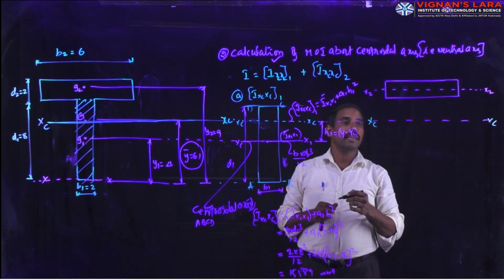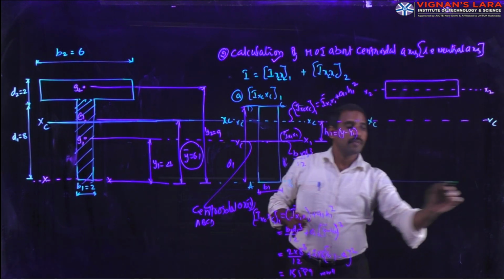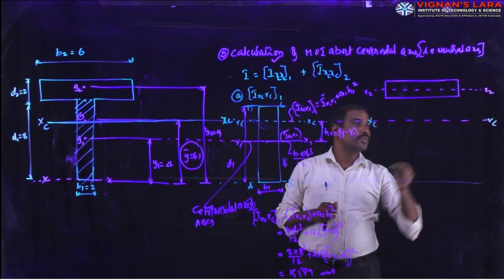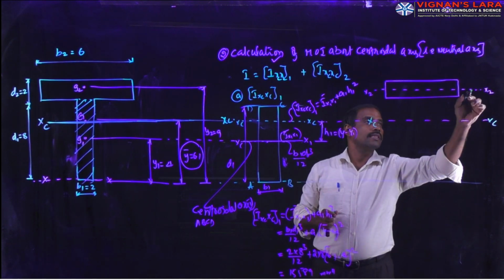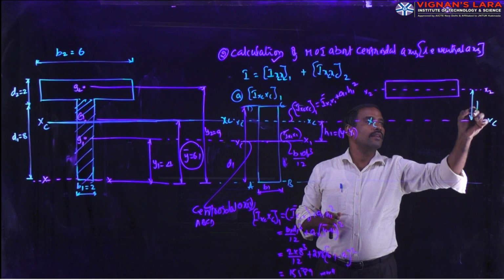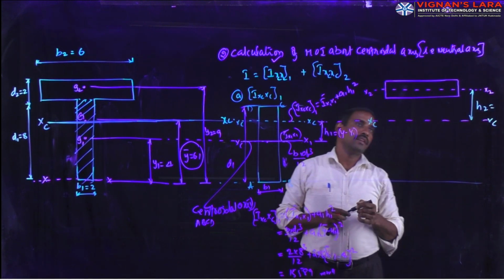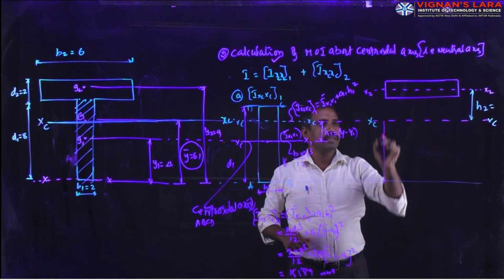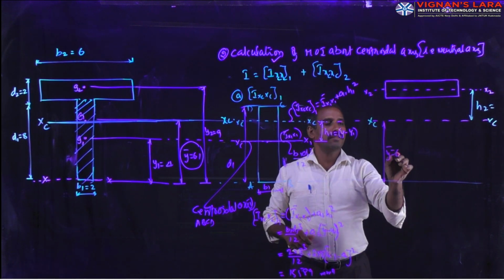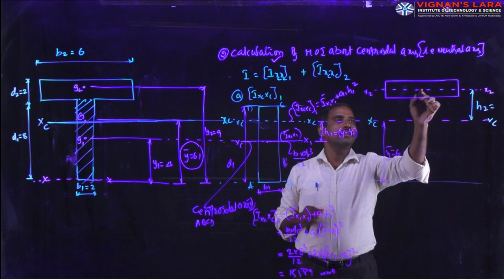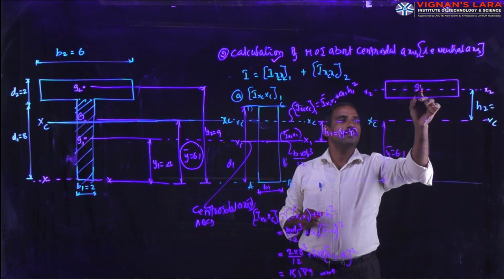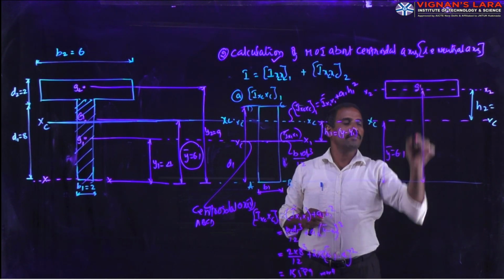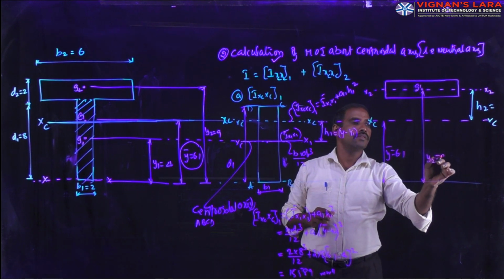It is a non-central axis to the second element, so these two axes are parallel to each other. This distance is called h2. The perpendicular distance: y bar is equal to 6.1, and y2 is equal to 9.